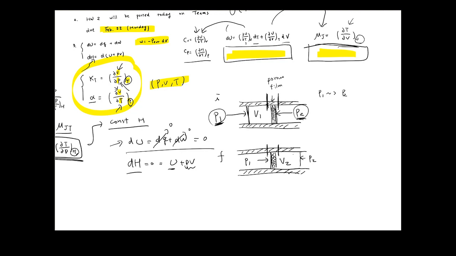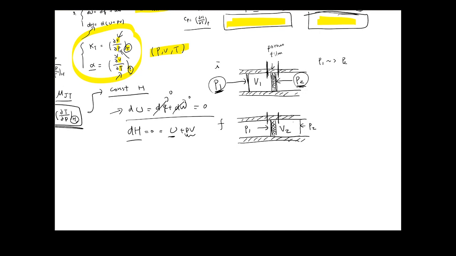Okay, so we need to see why this gives you a dH equals 0. As we say, dH is dU plus d(PV), which we can further say, okay, dU is dQ plus dW, plus d(PV). If you expand every single term, your dH equals these three terms, right? Because you put everything inside adiabatic condition, it's all insulated, your dQ is going to equal 0. dW, what is dW? dW is the work you do, right?